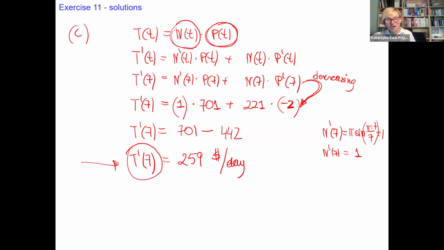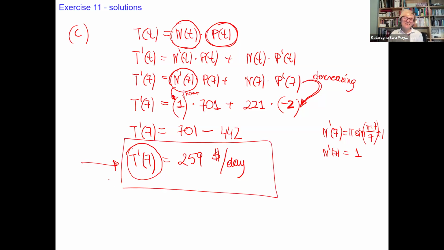Was the number increasing or decreasing at 7? The derivative was positive, so it was increasing. So the number was increasing, the price was decreasing, but the total money was actually increasing. Interesting, it depends on the data and the situation. Even if the price was decreasing, the number was increasing and the final output is increasing.